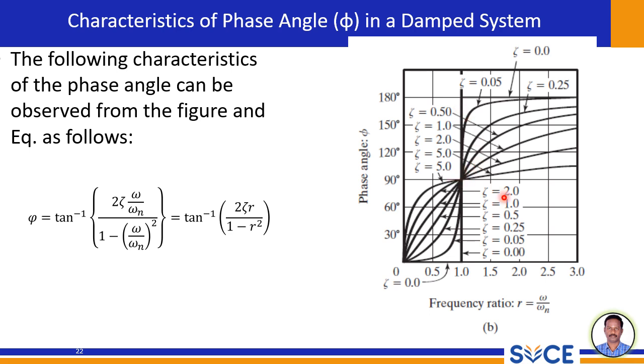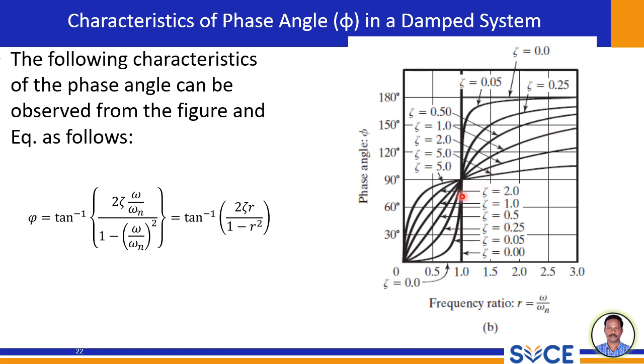For smaller values of damping, the phase angle changes rapidly around R equal to 1. For larger values of psi, the phase angle changes more gradually. At very low frequency ratios, the phase angle approaches 0 degree for all damping ratios. This means the response is nearly in phase with the forcing frequency.